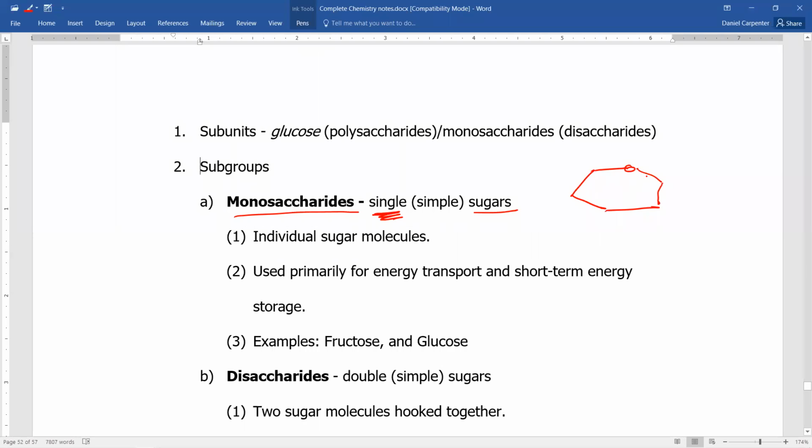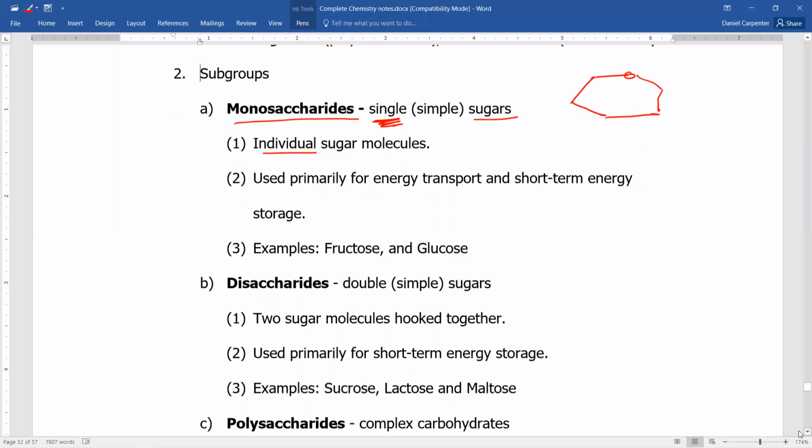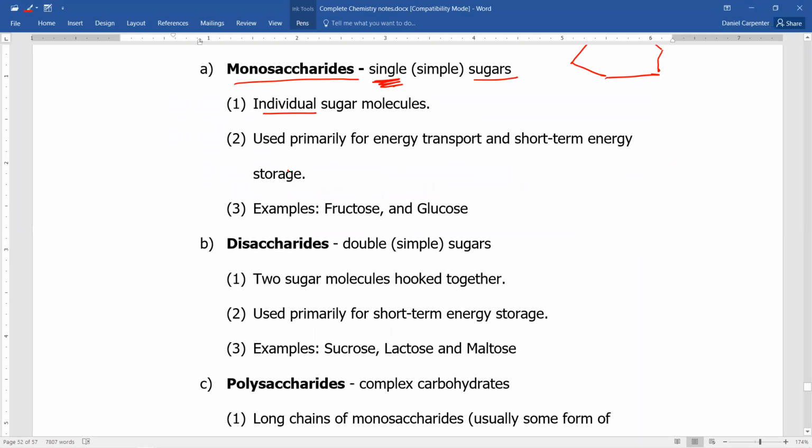So it's an individual sugar molecule. I have not stressed yet what these are used for, so I need to do that. These are used primarily for energy transport, like glucose in your blood, or for short-term energy storage. And let me point out that this is usually very short-term energy storage, minutes to hours frequently.